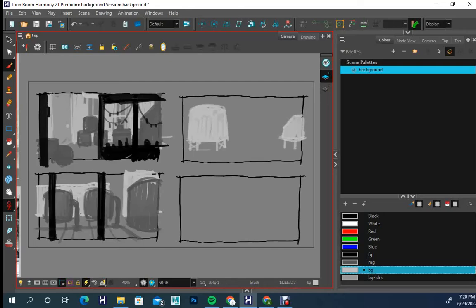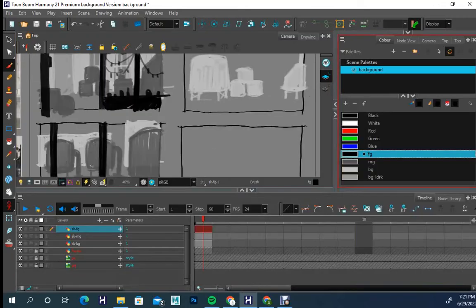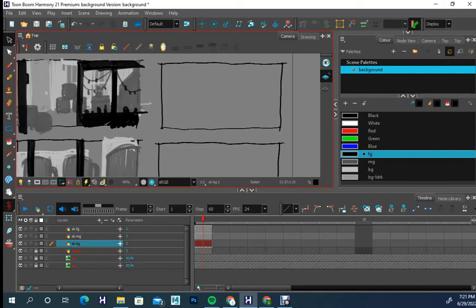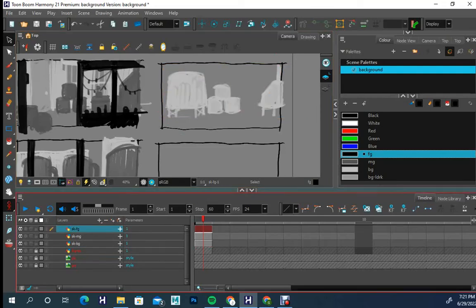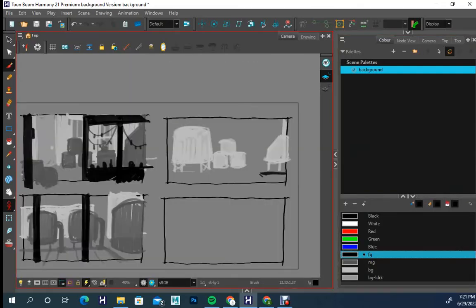Because when you're designing any sort of space, environment, or background, you always want to be conscious of, if I'm putting in too many elements, am I creating a stage that my animators won't be able to play on?